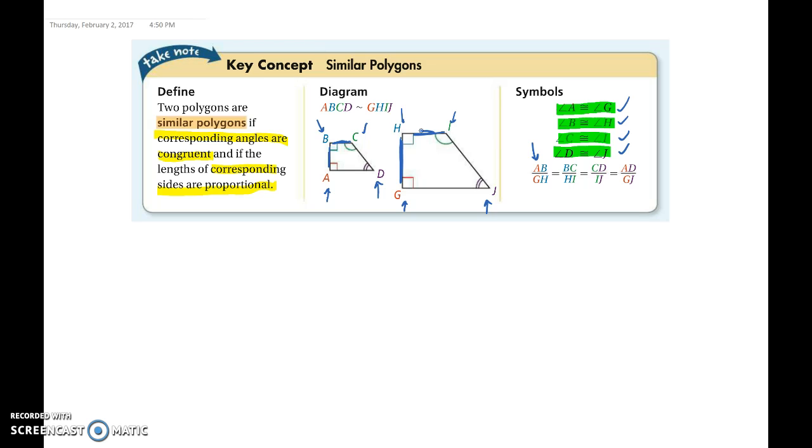It's no longer that the sides have to be exactly the same, but they are proportional, meaning that when we create the two ratios and set them equal to each other, they are exactly the same. It's very close to congruent figures: all corresponding angles need to be the same, so nothing changes with that. But now we would look and see, are all of these sides proportional? Can we create the same ratio between all the corresponding sides?